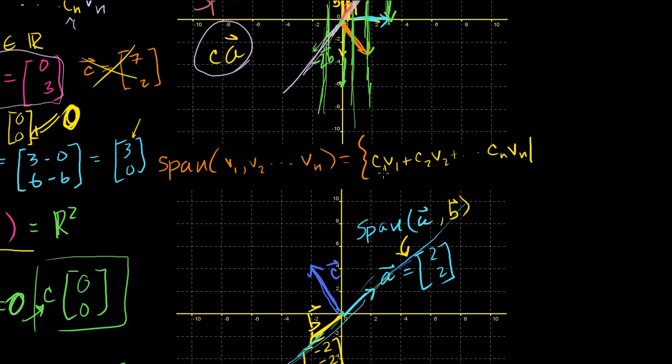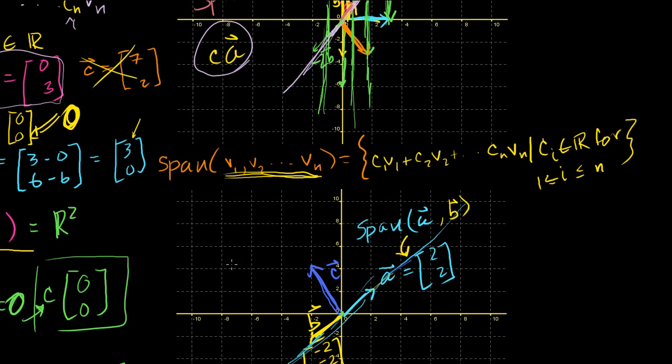So this is a set of vectors, because I can pick my ci's to be any member of the real numbers, and that's true for i being anywhere between 1 and n. All I'm saying is that, look, I can multiply each of these vectors by any arbitrary real value, and then I can add them up. And now the set of all of the scaled up combinations I can get, that's the span.